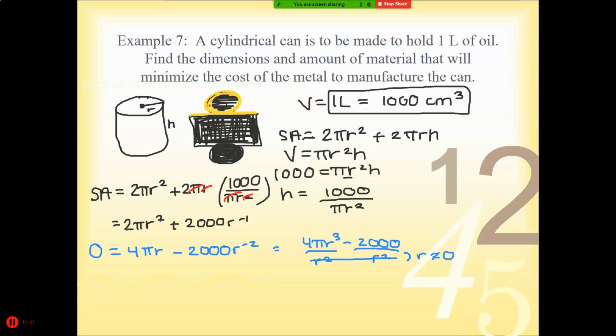So you get 2,000 equals 4 pi r cubed, divide by 4 pi. And we get r cubed equals 2,000 over 4 pi, or that r equals the cube root of 2,000 over 4 pi.